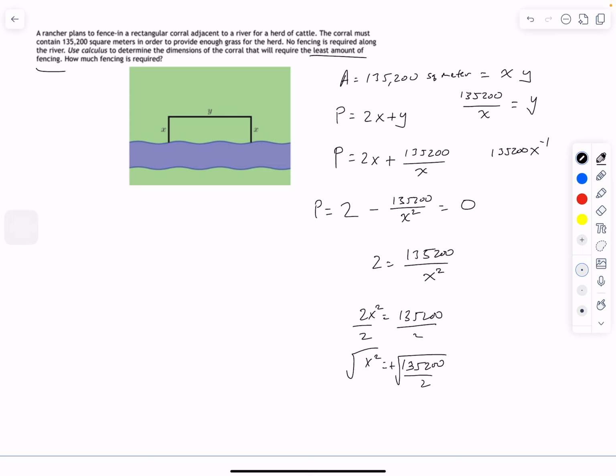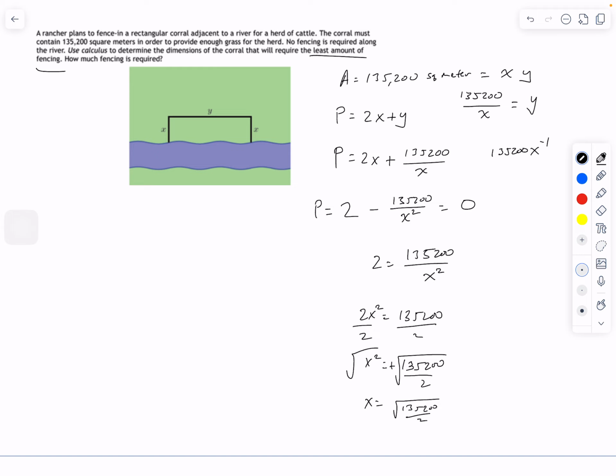Remember, when you take the square root, it's always plus or minus. But since x cannot be negative, since this is a real-world fence problem, x is equal to the square root of 135,200 over 2. Okay, so that is the value of x.